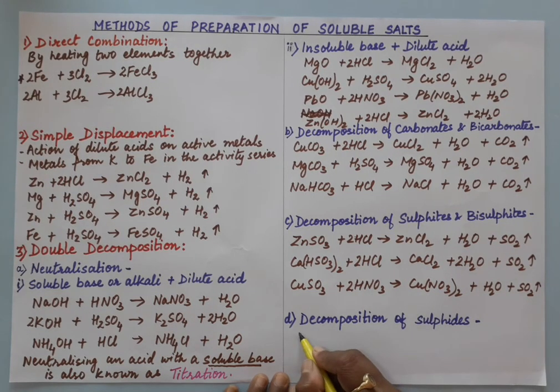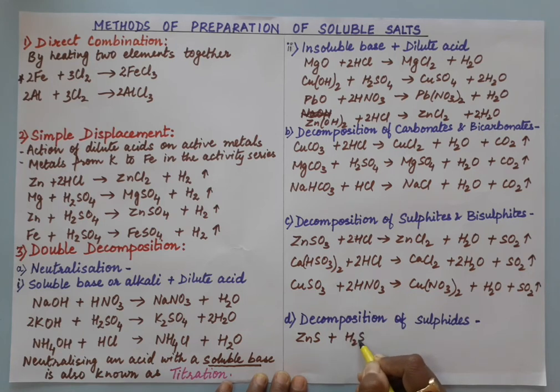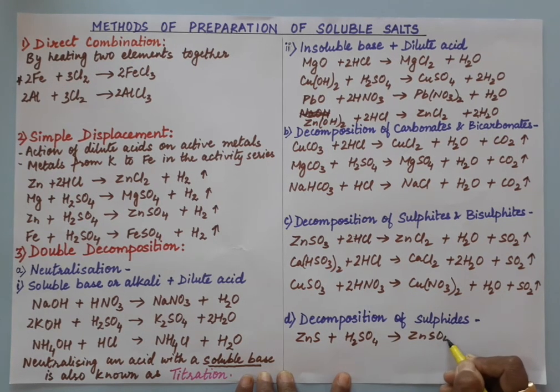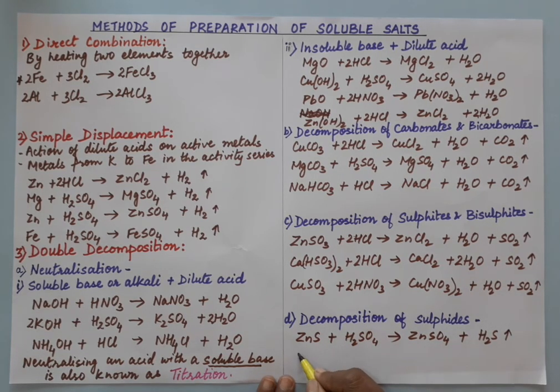Here the sulfide ZnS, when it reacts with sulfuric acid, we get the soluble salt ZnSO4 plus H2S. Hydrogen sulfide has a rotten egg smell and turns lead acetate paper silvery black. Ferrous sulfide, when it reacts with sulfuric acid, we get ferrous sulfate plus H2S, hydrogen sulfide gas.